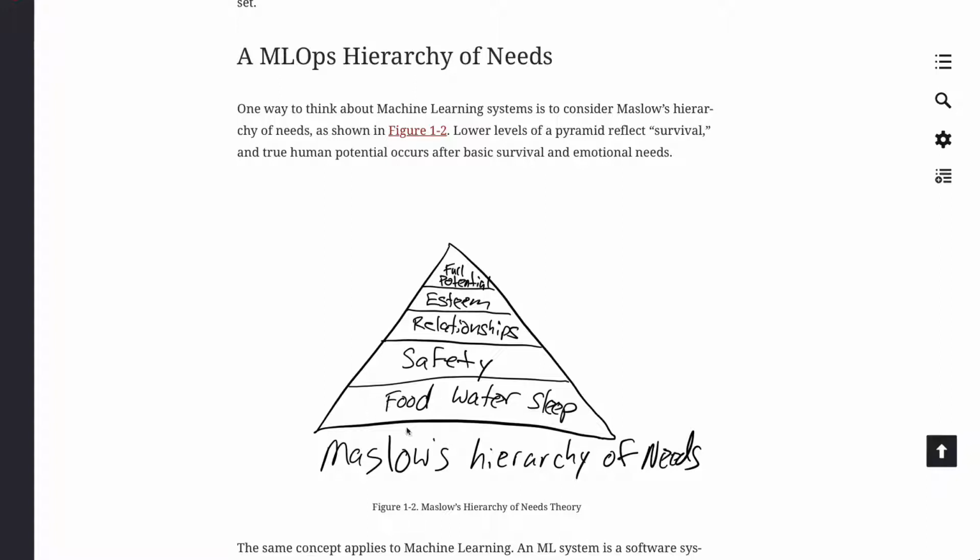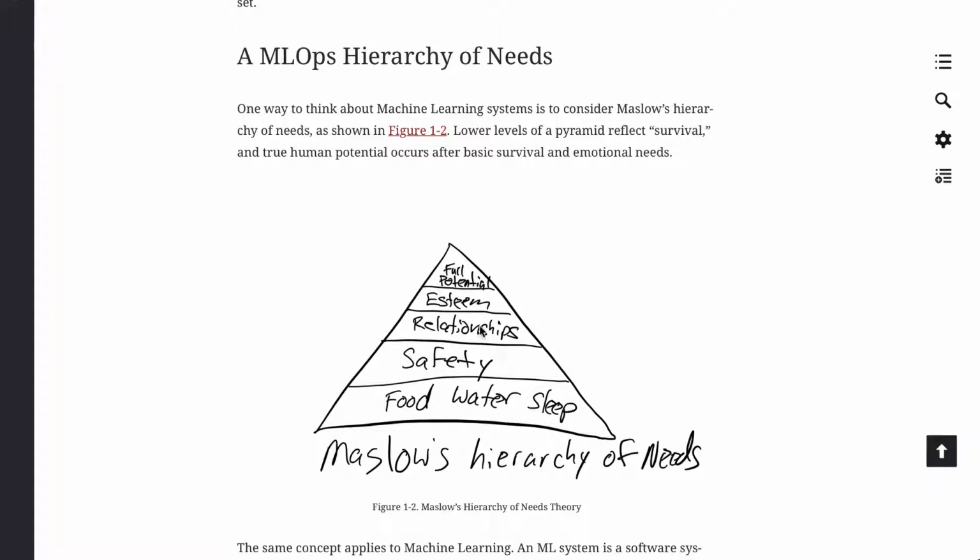Right? These are fundamental components to being a productive human being. You must have the basics like food, water, sleep. Safety is another one, right? If you're always concerned that people will hurt you, it's going to be very difficult to work on anything. You need to get somewhere safe.